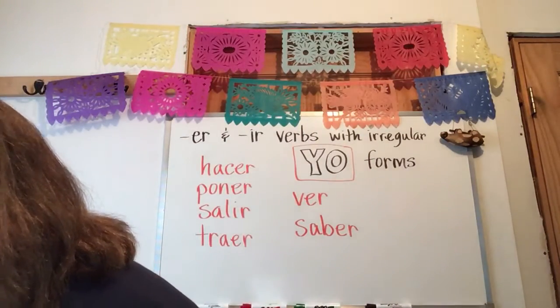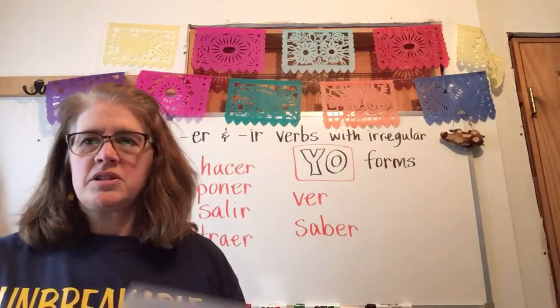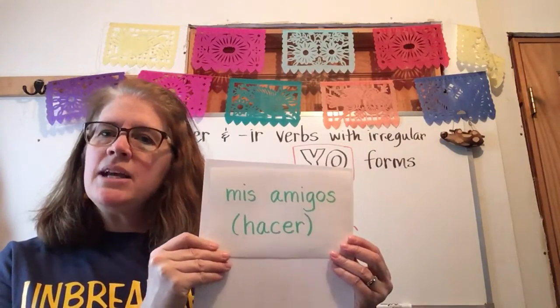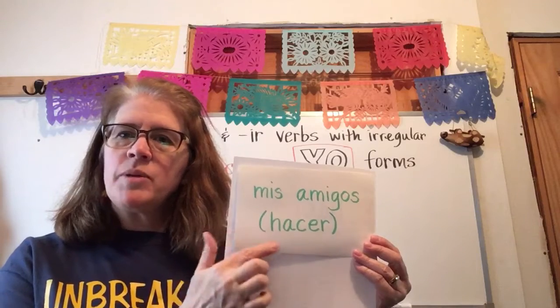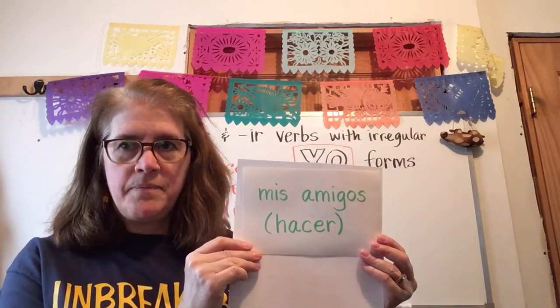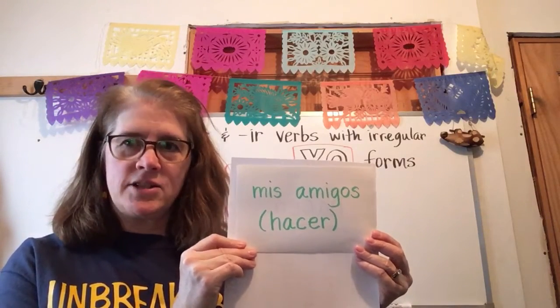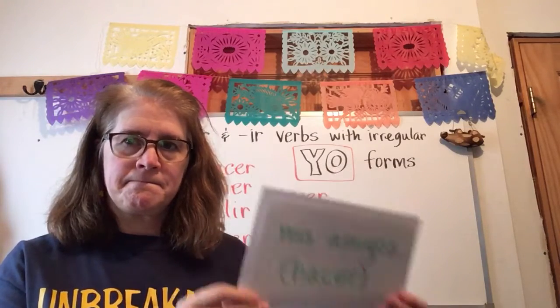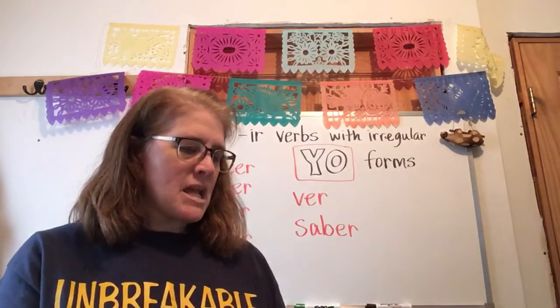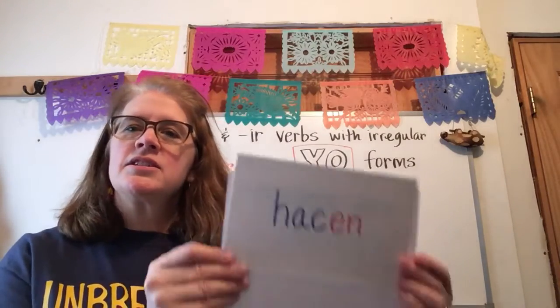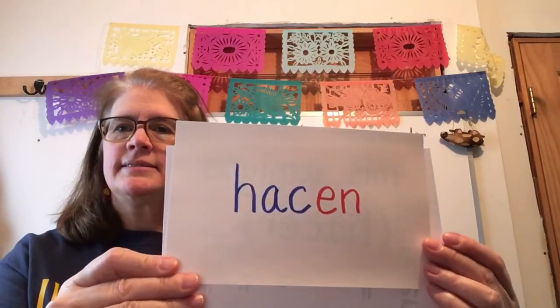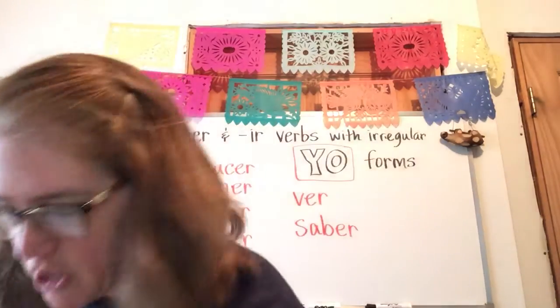Here we go. Ándale, número dos. How about mis amigos? And the verb is hacer. Pause the video and write your answer. Correct answer is hacen. Good job, good job.